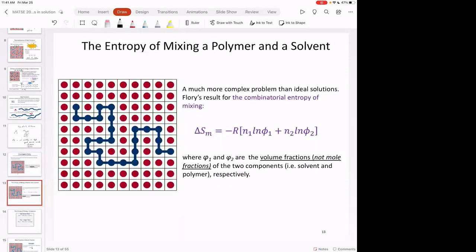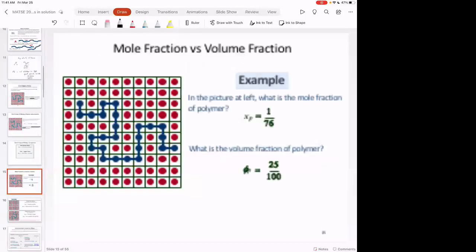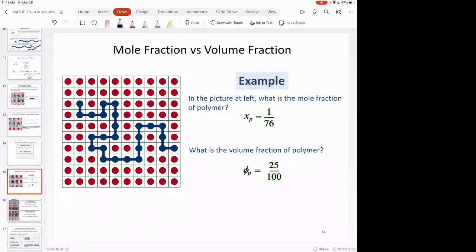And so if we think about the mole fraction or the combinatorial entropy of mixing, let me skip to this slide. If we just went with mole fractions, how many moles of polymer, or how many polymer molecules, do we have in this checkerboard? One polymer molecule.